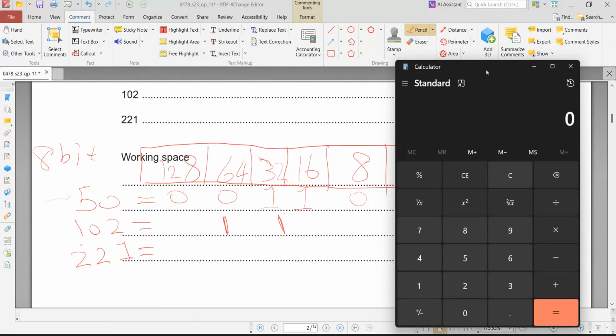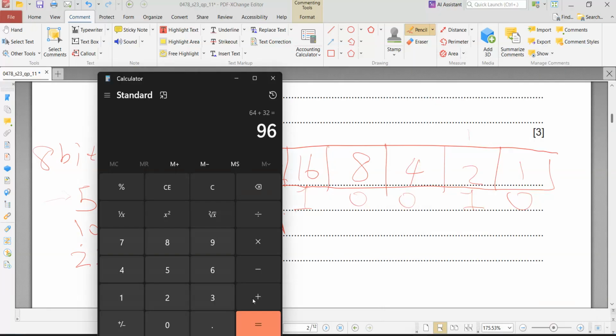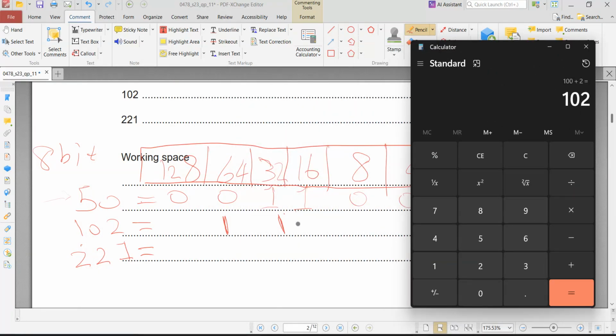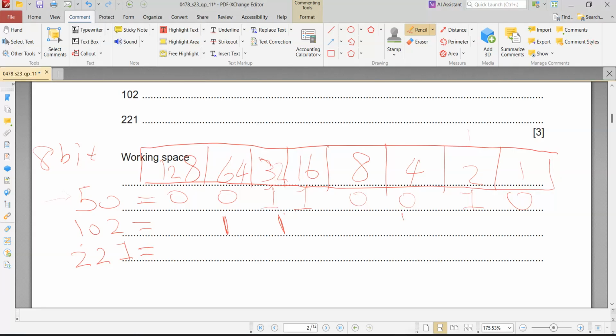I'm going to add the 64 to the 32. It gives me 96. So to have the 102, you have to add 4 and 2 to it. If I add 4 and 2, this gives me 102. So simply I'm going to put 1 in here, 1 in here, 1 in here, and 1 in here, and the rest are zeros.